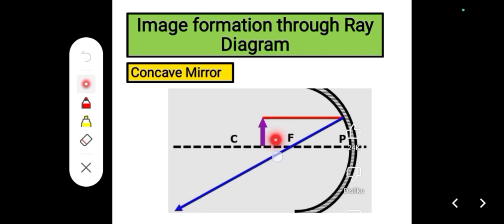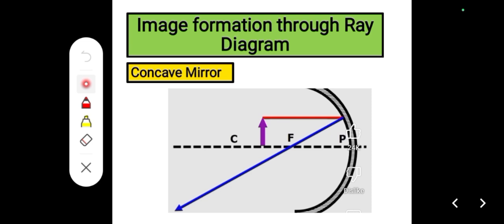Your red light represents the incident ray of light, while your blue light represents the reflected ray. So a ray parallel to the principal axis is reflected passing through the focus.